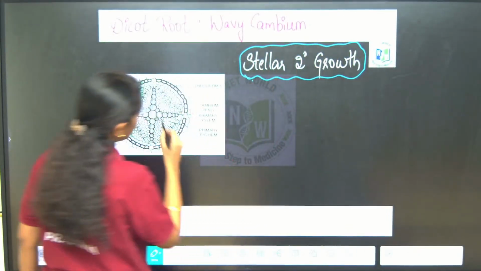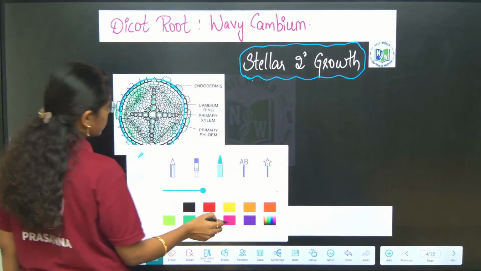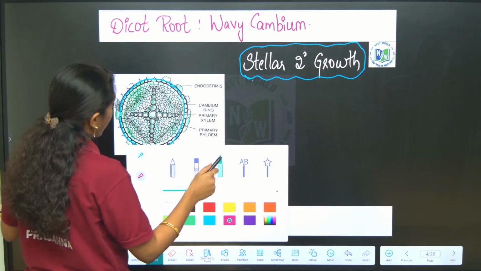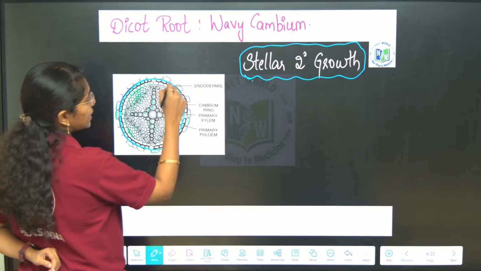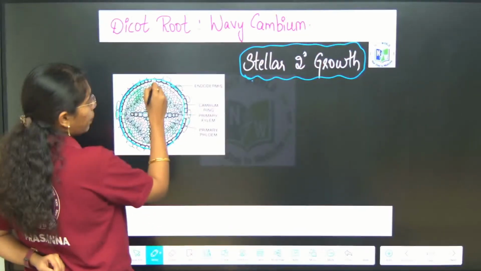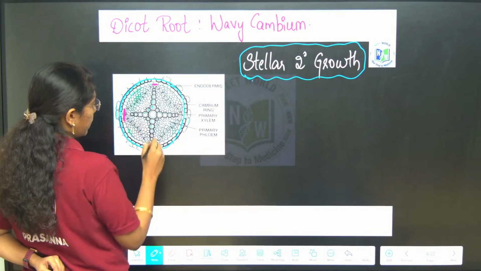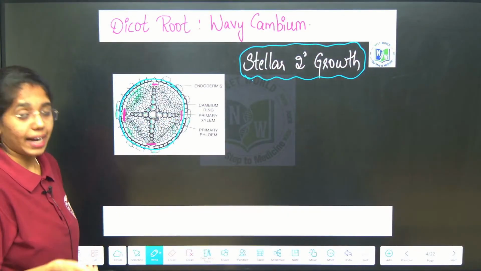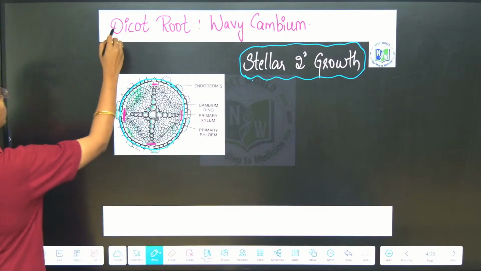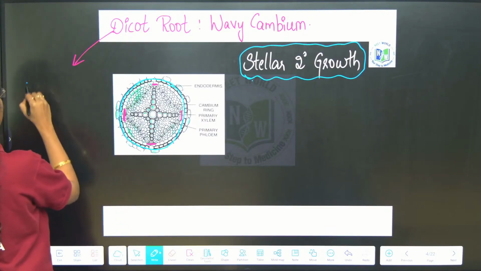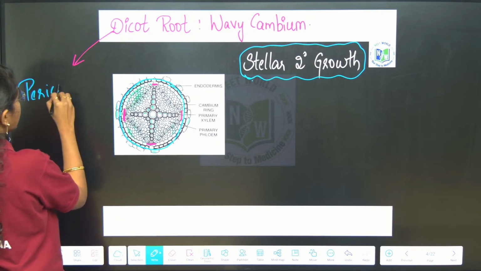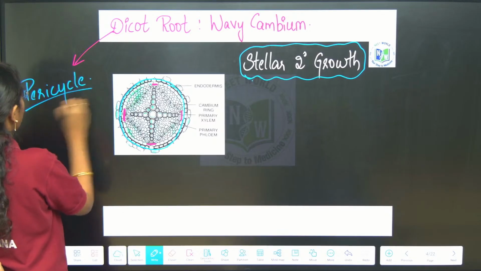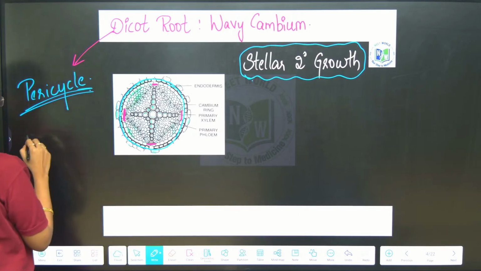first one, this is the endodermis, a single layer which has suberin depositions in its radial and tangential walls, and after this you see pericycle is the layer. From pericycle region only, vascular cambium will arise. So, in dicot root, from pericycle region, what all will arise?